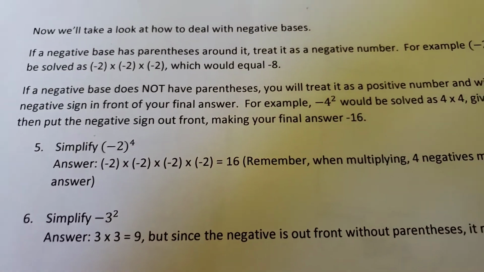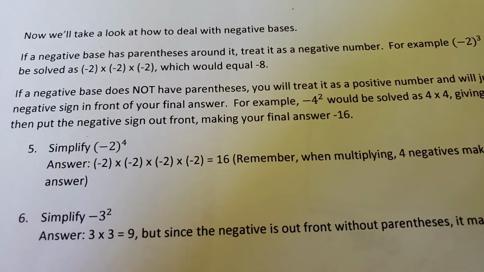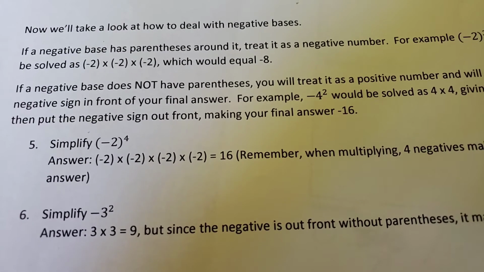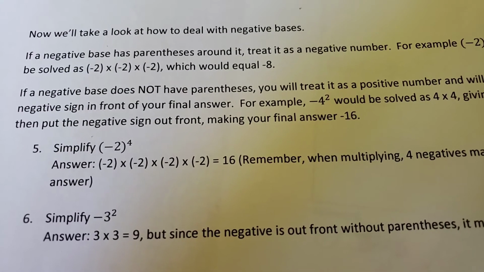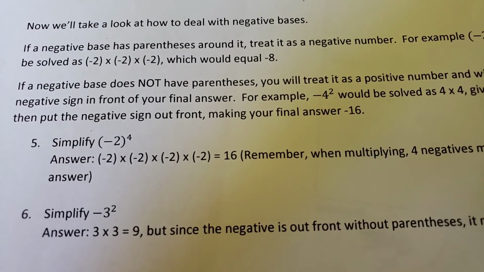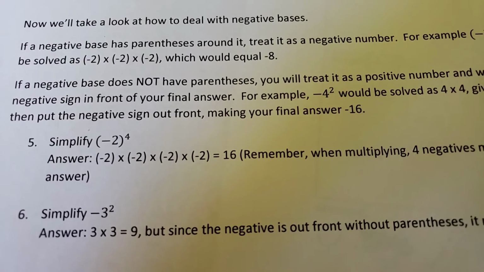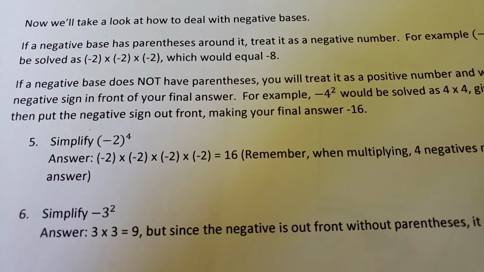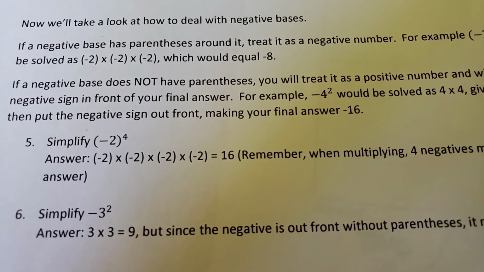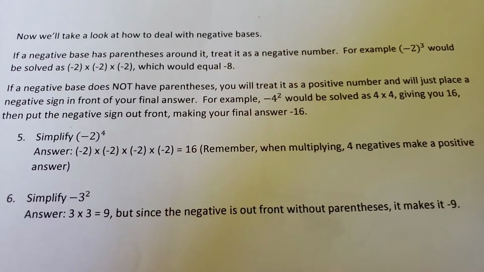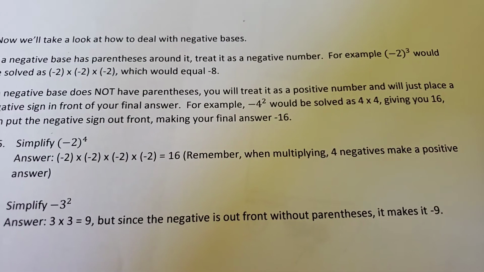So here's a couple examples of these. So number 5, simplify negative 2, it's in parentheses, to the fourth power. We treat it like negative 2 times negative 2 times negative 2 times negative 2, and that equals 16. 2 times 2 times 2 times 2 gives you 16, and since there's 4 negative signs, it makes it a positive answer. All right.